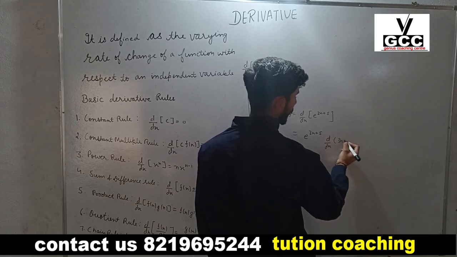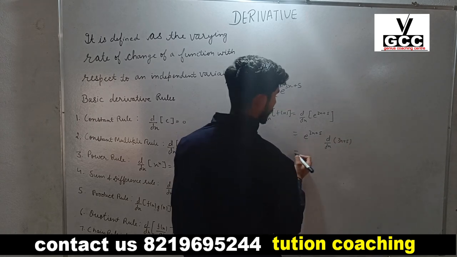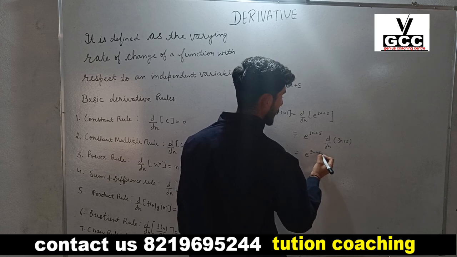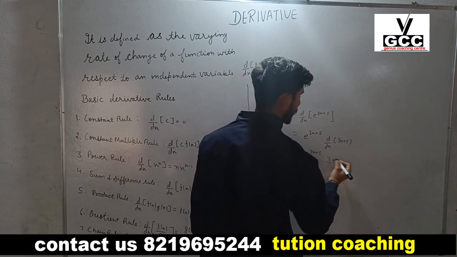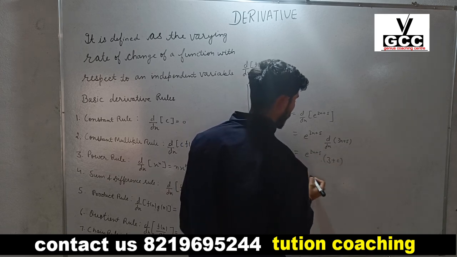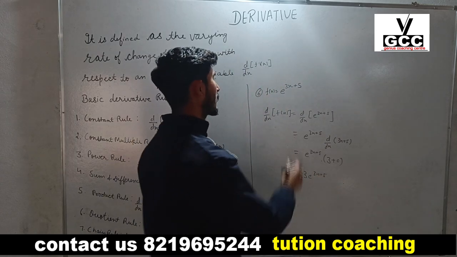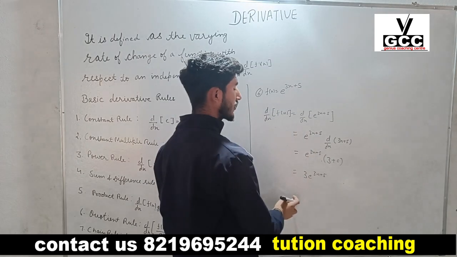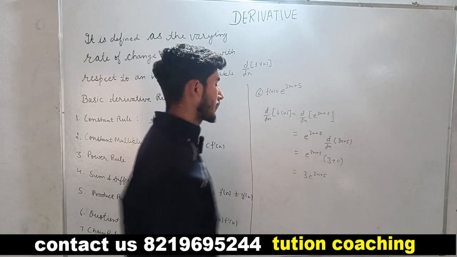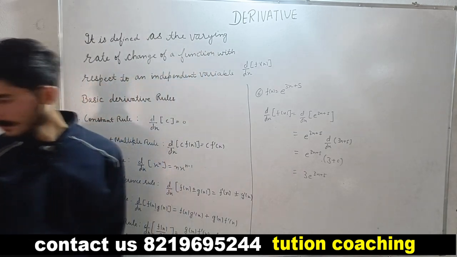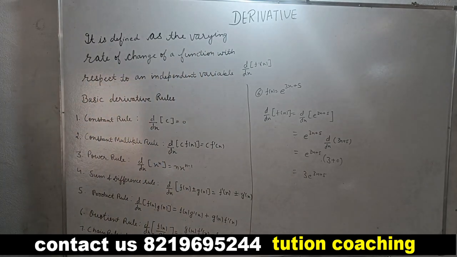Then we find the derivative of the exponent, then e to the power 3x plus 5 into 3 plus 0, that is equal to 3e to the power 3x plus 5. The derivative of e to the power 3x plus 5 is equal to 3 times e to the power 3x plus 5.